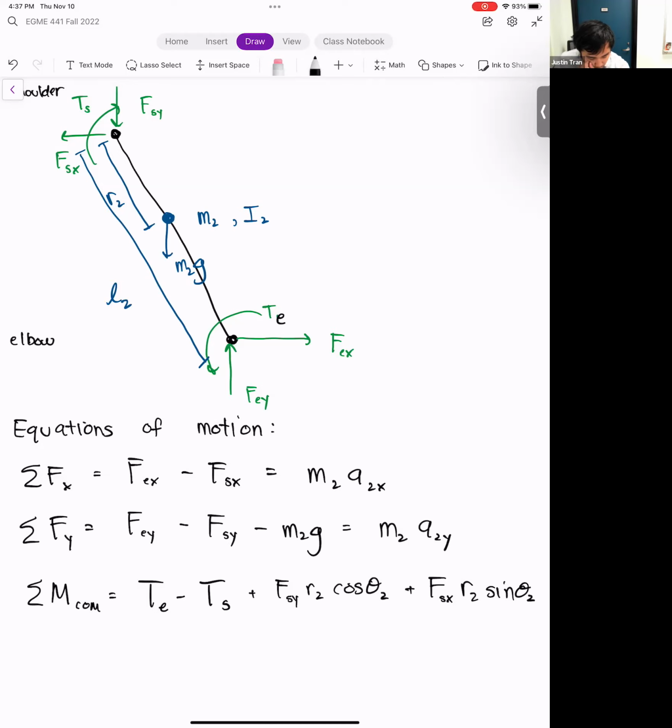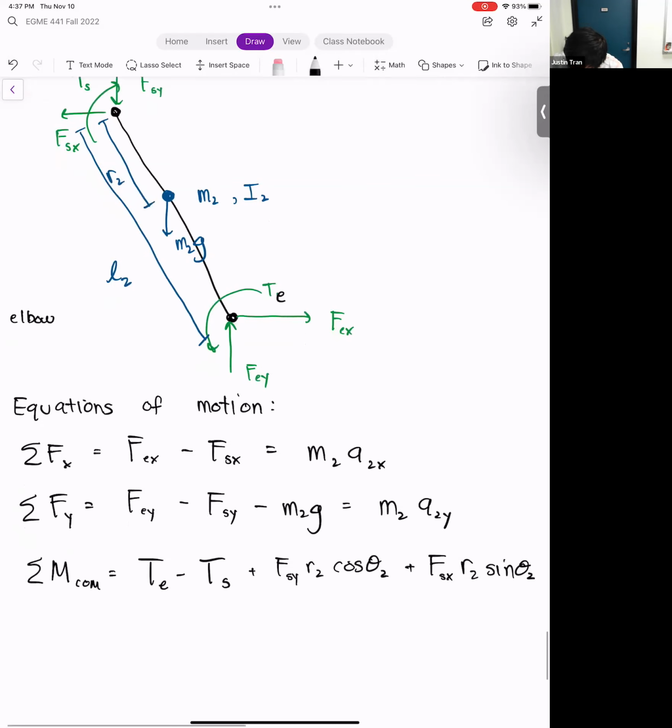Then we have the moments coming from the net joint forces at the shoulder: FSY times R2 cosine theta 2 plus FSX times R2 sine theta 2.